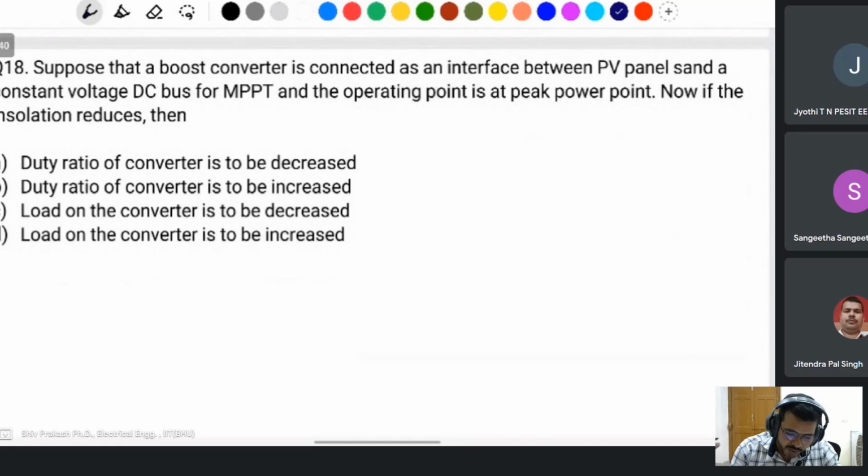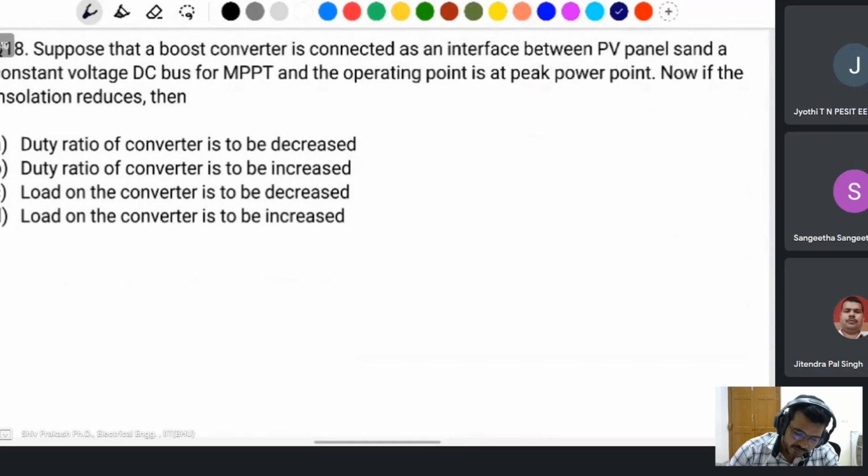Suppose that a boost converter is connected as an interface between the PV panel and the constant voltage DC bus for MPPT, and the operating point is at a peak power point. Now, if the insolation reduces, then does the duty cycle increase, decrease, or stay the same?